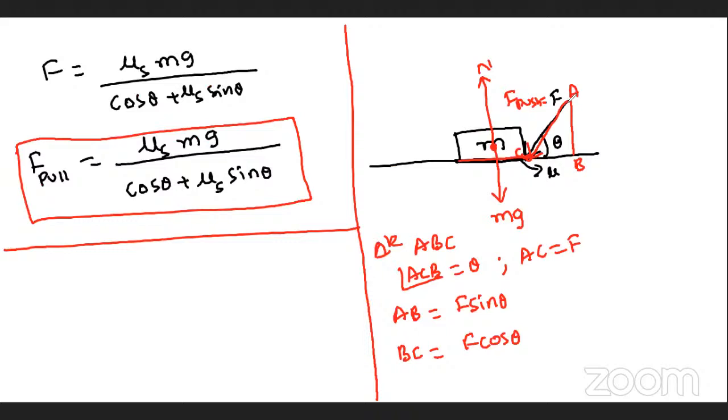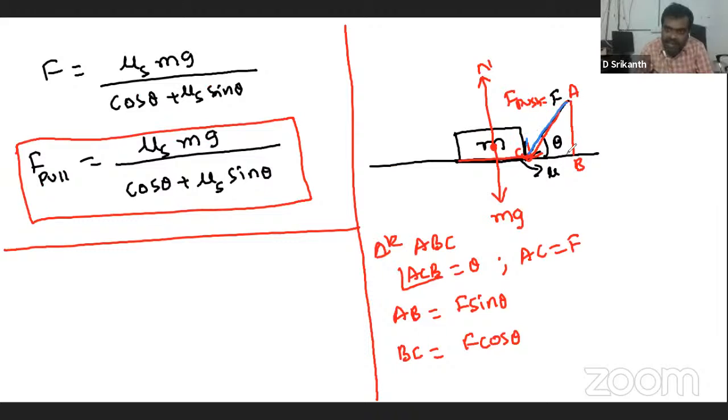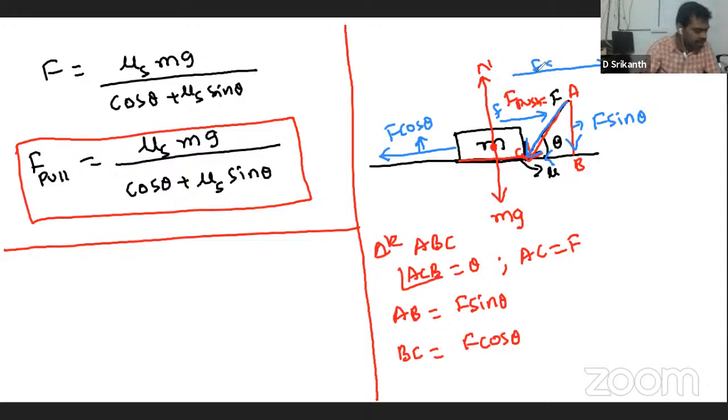This is the resultant AC, that is AB bar plus BC bar. F sin theta is vertical, and F cos theta acts towards the left. So to keep the object in equilibrium, we should have a frictional force towards the right, which will bring the object in equilibrium.